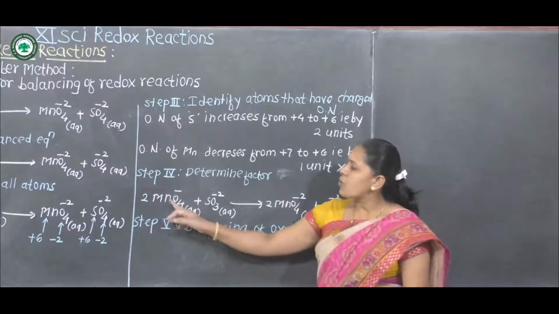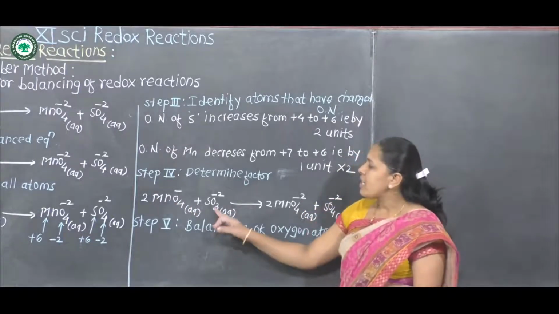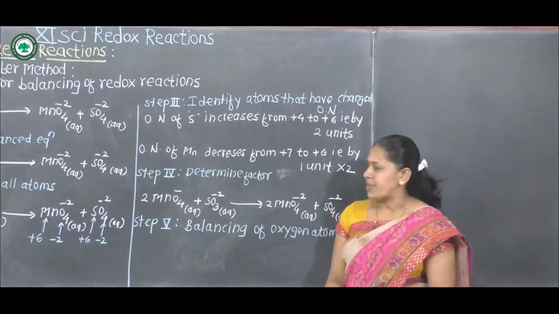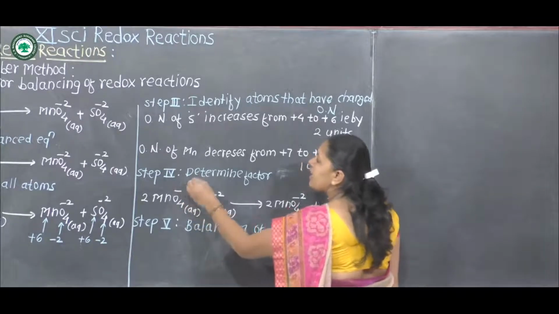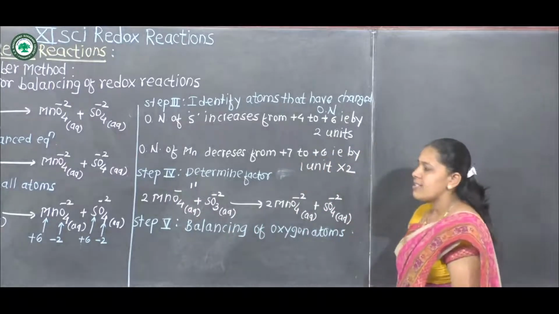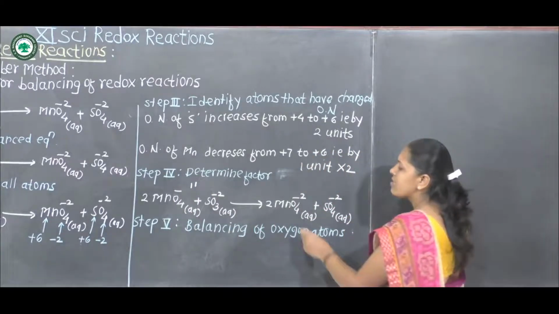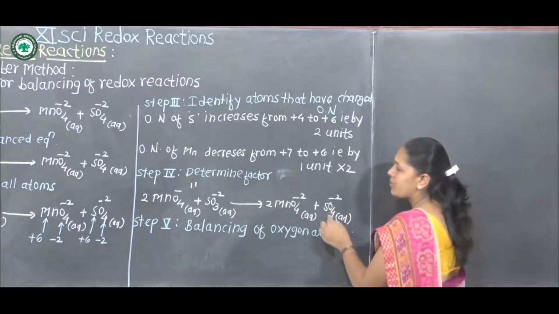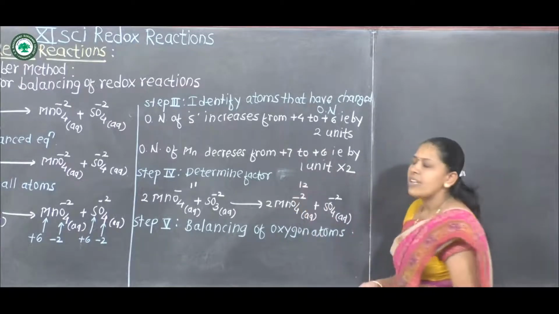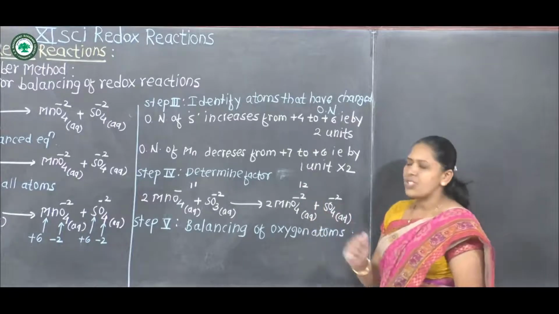Count 4 multiplied by 2, 8. 8 plus 3, 11. On the left hand side there are 11 oxygen atoms, that is the reactant side. In product side, 4 multiplied by 2, 8. 8 plus 4, 12. On the product side there are 12 oxygen atoms.